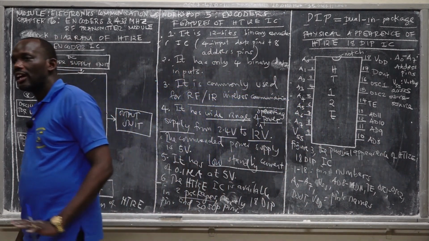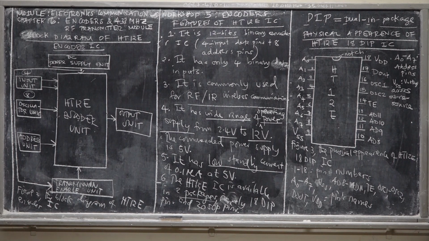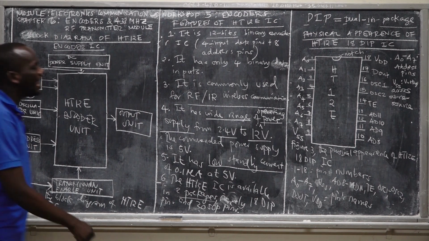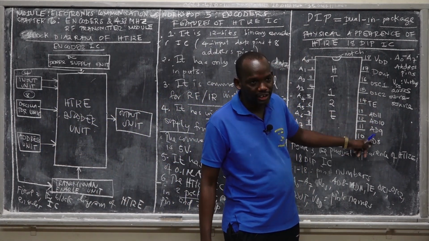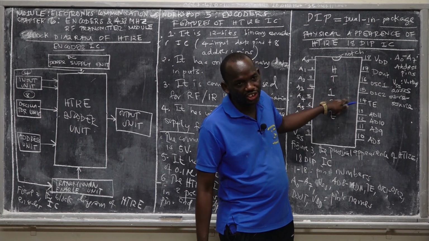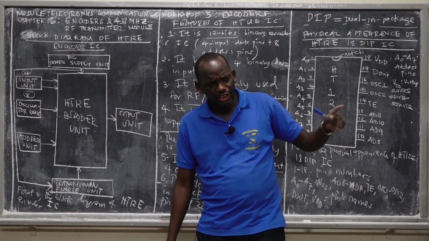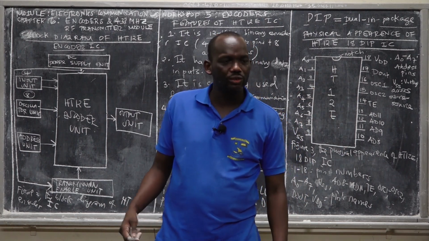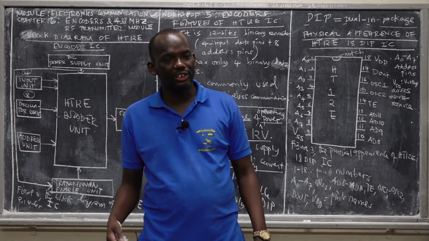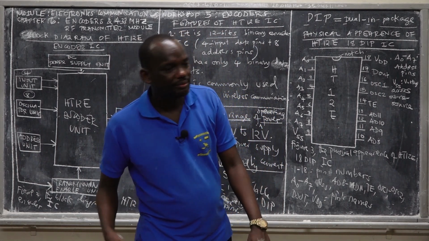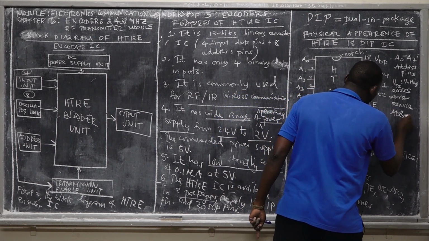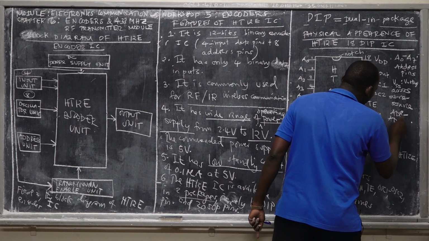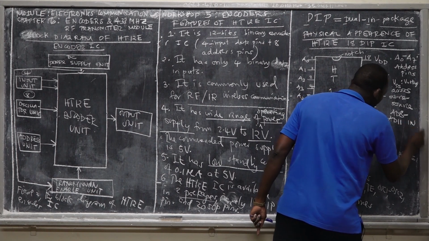AD9, AD10, AD11. Right? So simply, these are the 4 input data pins of the HT12E encoder. So AD8 to AD11, this is what?